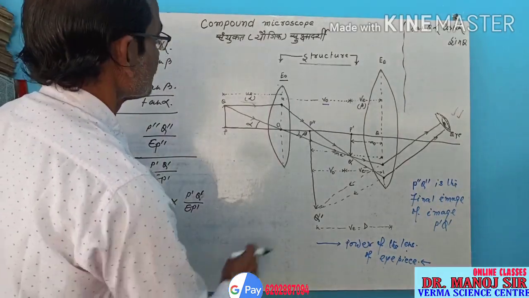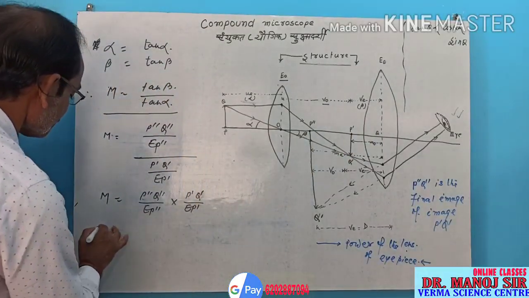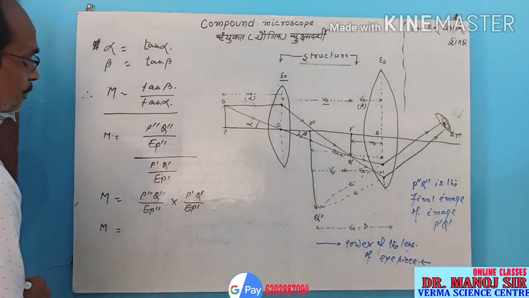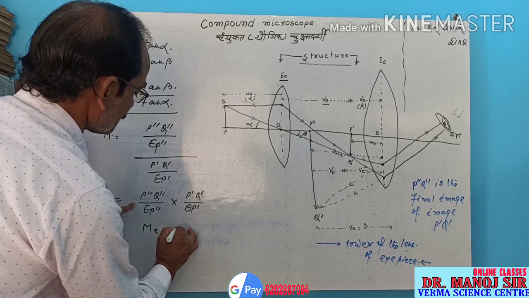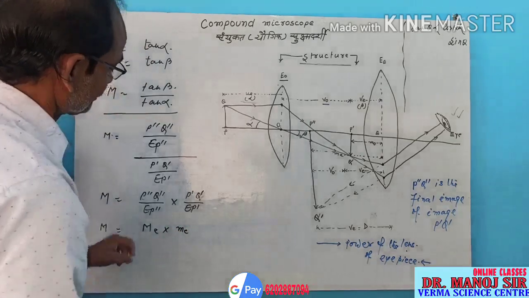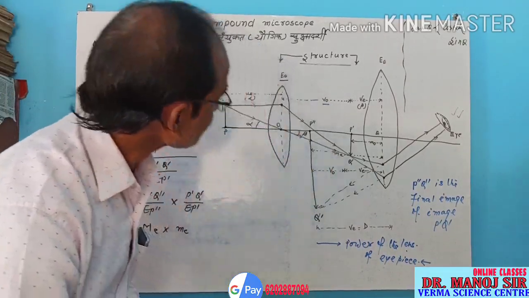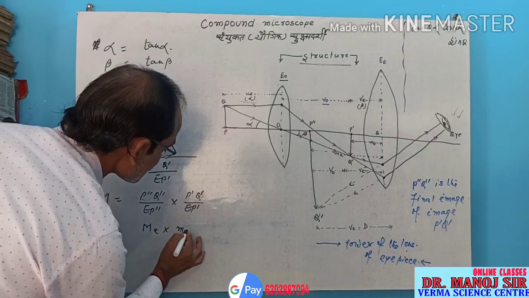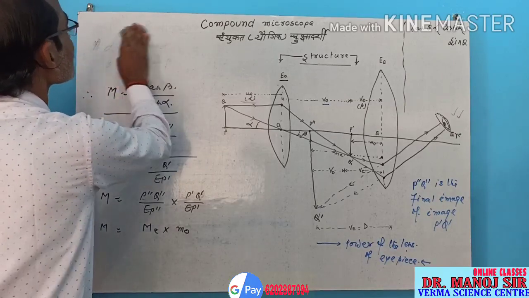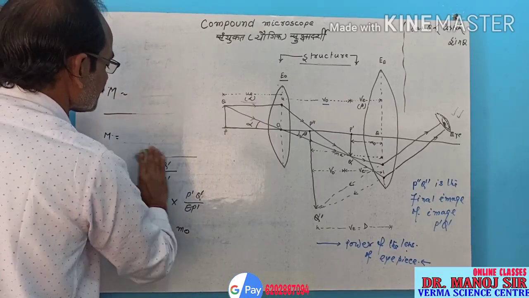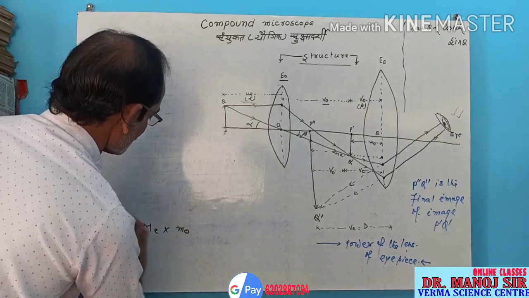This is the eyepiece and the objective is this. So we can write M equal to ME into MO, where ME is the eyepiece magnification and MO is the objective piece magnification. Now we calculate the relation of these ratios according to the structure of the compound microscope.